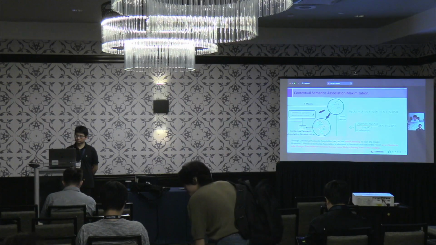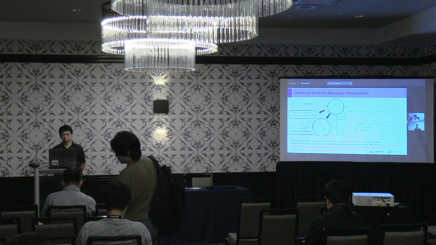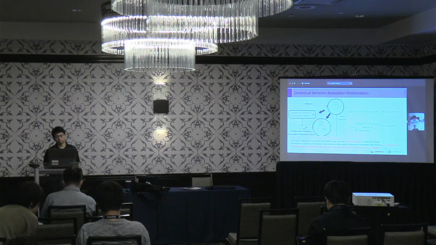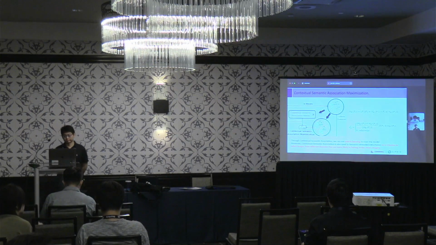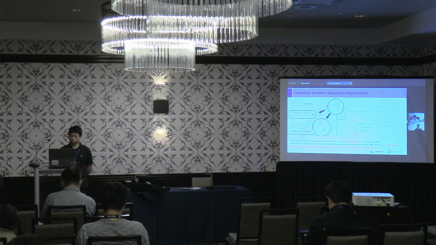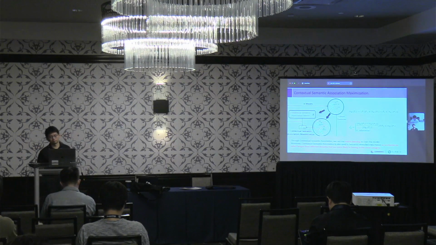To obtain precise semantics, we use contextual semantic association to train the model. We can use this contextual semantic association as a criterion to select images from different domains that are more likely to belong to the same category. Okay, this is the second part.